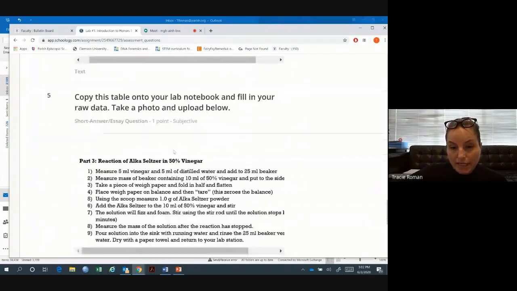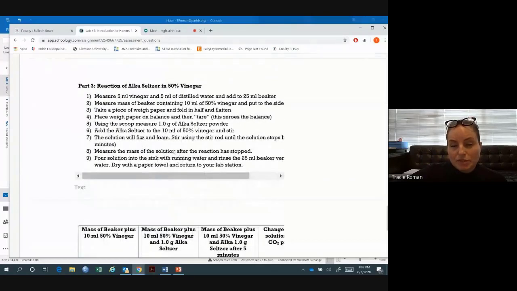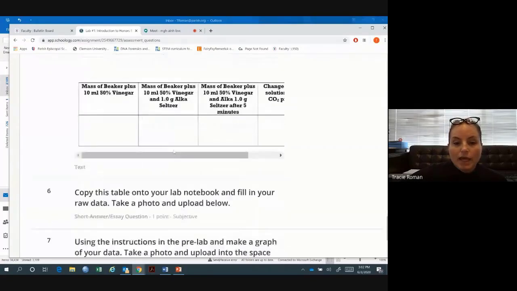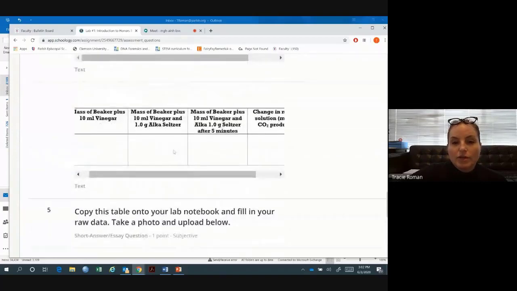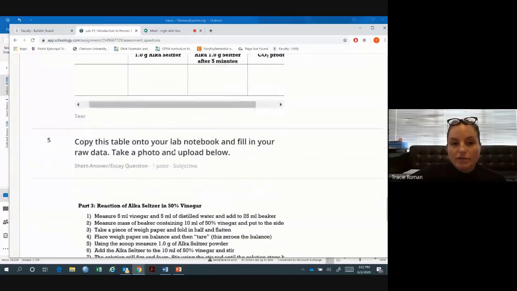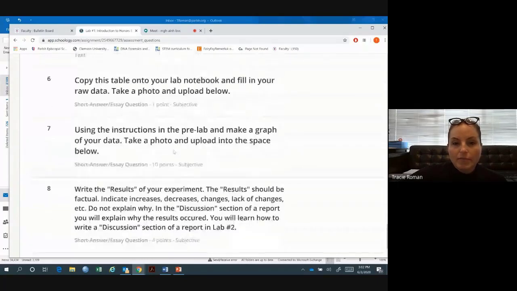Then the third time, you will add 50% vinegar and 50% distilled water, so 5 mils each. And then you will add these values to your data table, okay?